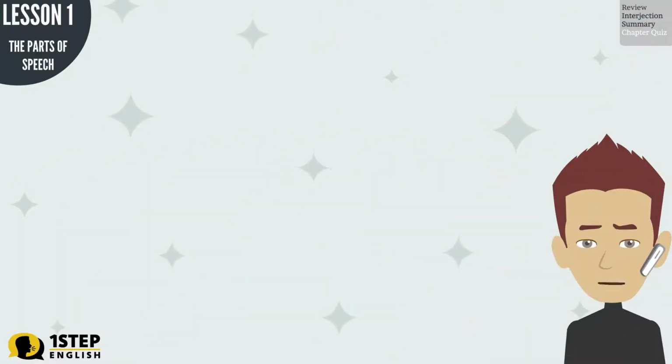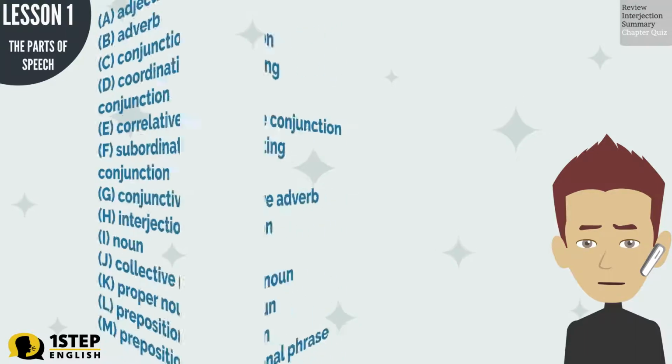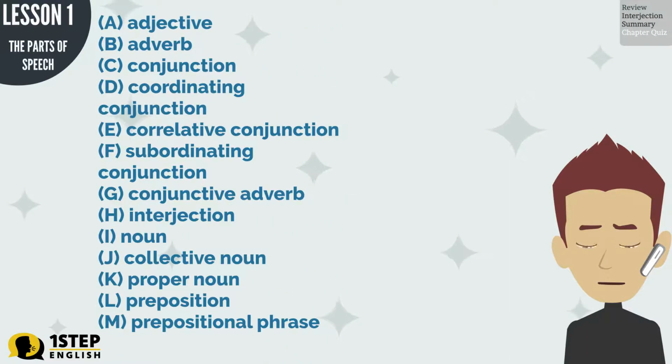Choose the correct letter for the italic words in the next paragraph. Here are the choices. A. Adjective. B. Adverb. C. Conjunction. D. Coordinating conjunction. E. Correlative conjunction. F. Subordinating conjunction. G. Conjunctive adverb. H. Interjection. I. Noun. J. Collective noun.